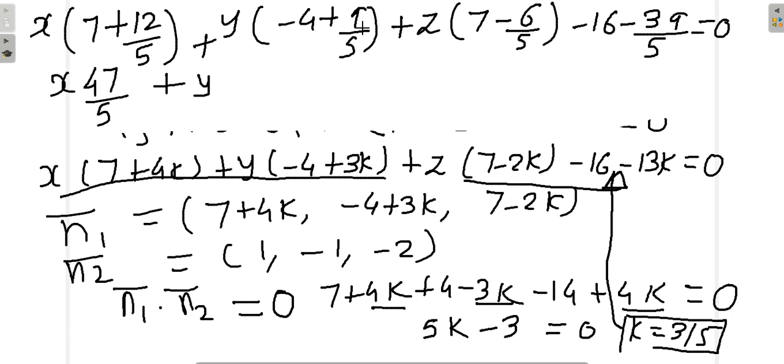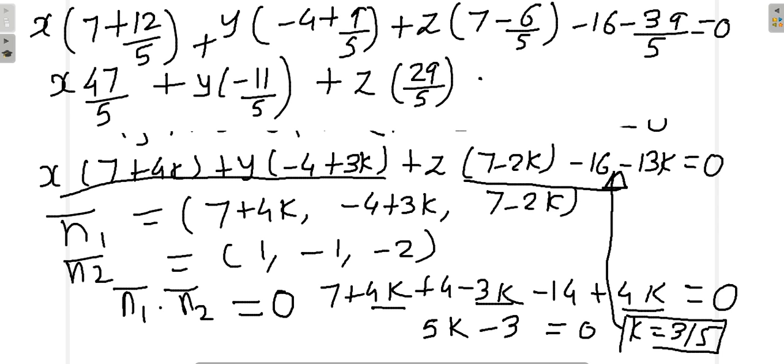This is minus 20 plus 9, which is minus 11. This is 35 minus 6. It is 29. And this is 80 and 39 is 119.